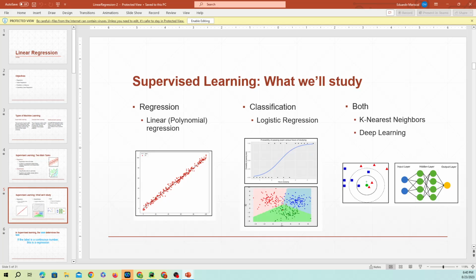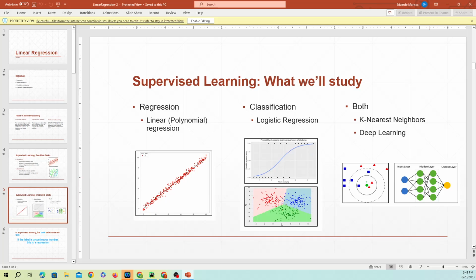K nearest neighbors can be used for both, and deep learning can also be used for both, for linear regression and classification. So the first picture in the middle is what we call logistic regression, and then we have the k nearest neighbor, how close they are. We'll talk about k nearest neighbors and deep learning as well. You can see the different layers in deep learning. We'll talk about that as well.